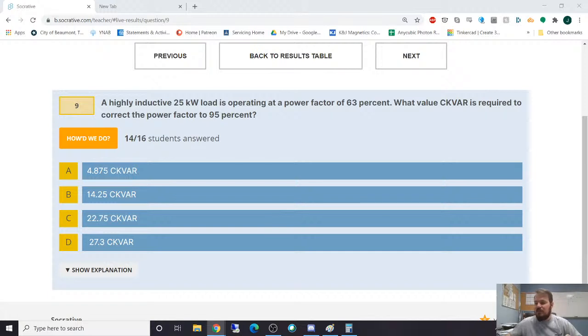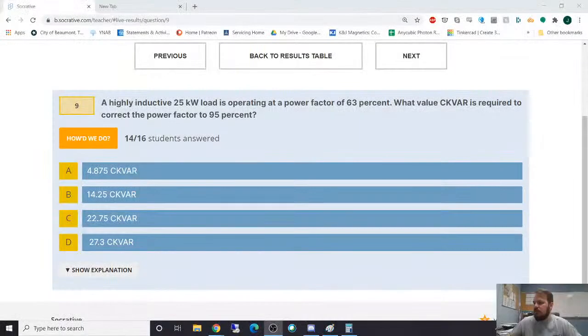Give me 1 second to do that. Display capture, properties. All right.